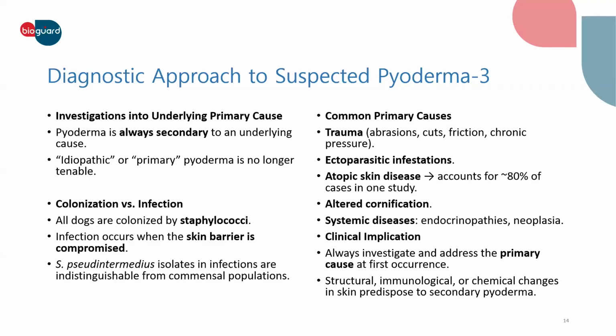When we check the cytology, we need to know all dogs are colonized by Staphylococci, and the infection usually occurs when the skin barrier is compromised, and then the bacteria will embed through it and cause the secondary infection.